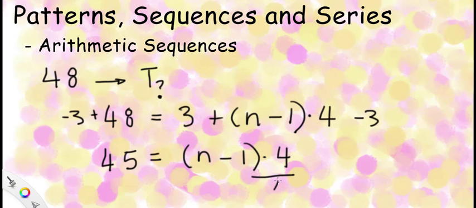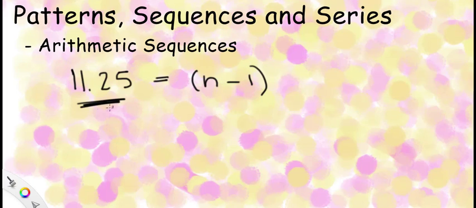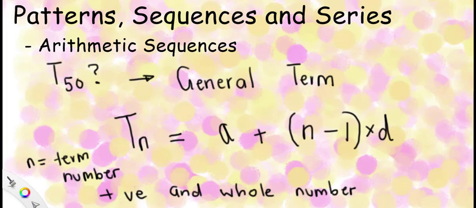Then we divide by 4 like we did before because we're solving for n, and then 45 divided by 4 is equal to 11.25. Wait. What we have is equal to n minus 1. Because we have a fraction, remember what we said about n when we derived the general term. We said this term number can only be a positive whole number, guys.